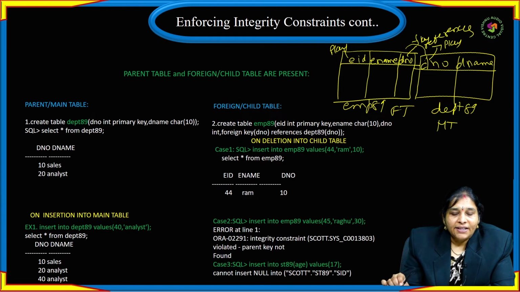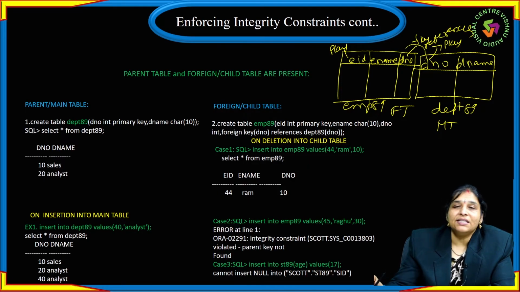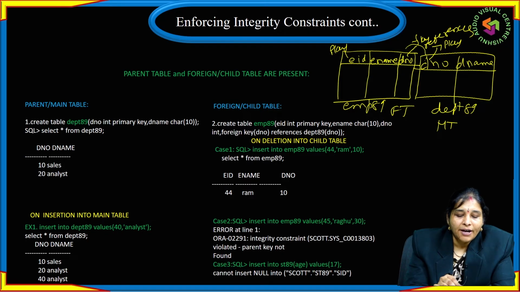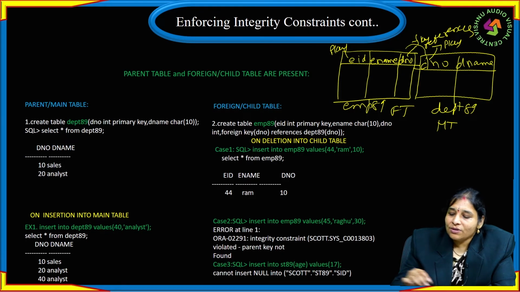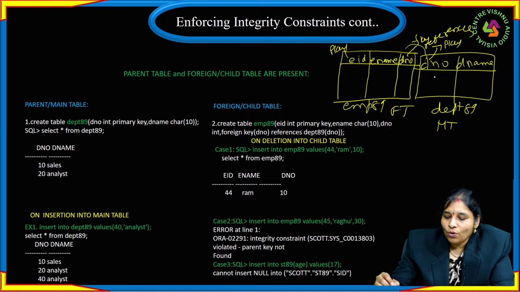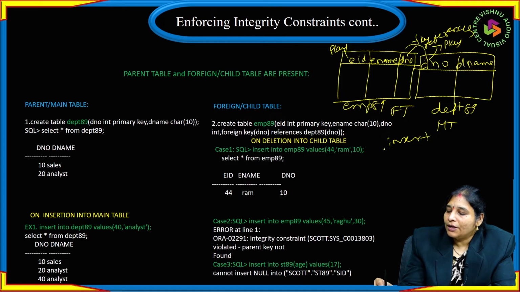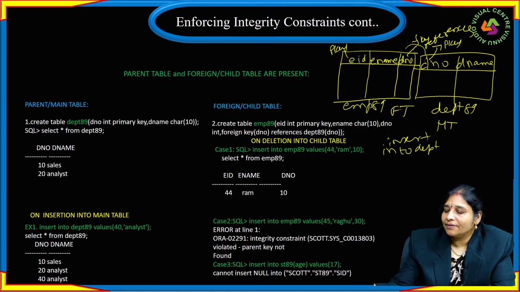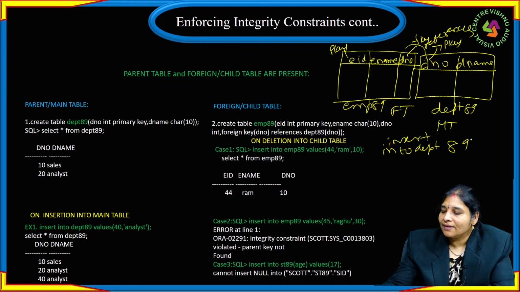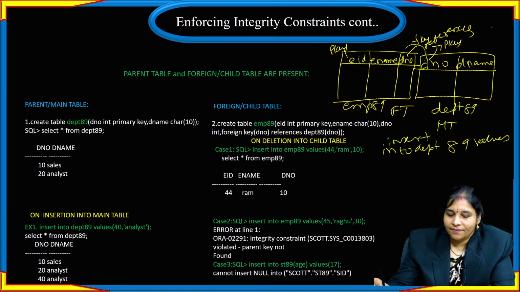After creating these tables, I am trying to insert. First I have to insert the main table values. So I try to insert two values. Insert into department 89 values 10, sales.